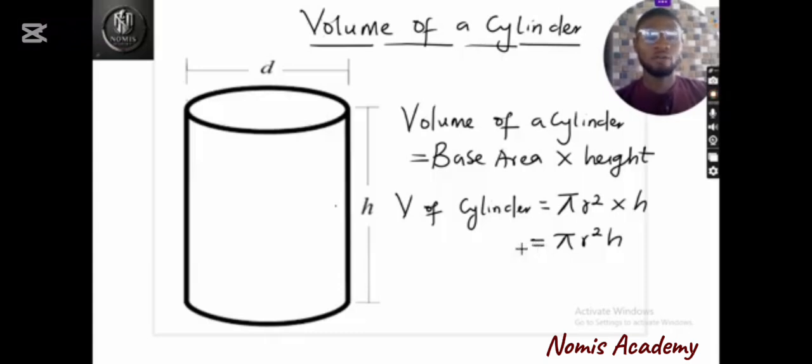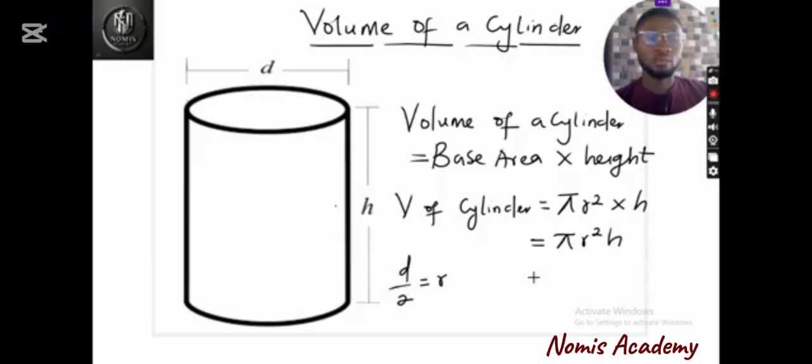If diameter is given, this formula can be changed to something simple. Diameter divided by 2 is equal to the radius. Remember that 2 multiplied by r should give you the diameter. So diameter divided by 2 will give you the radius.